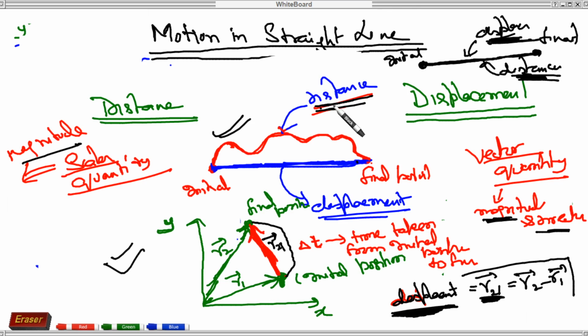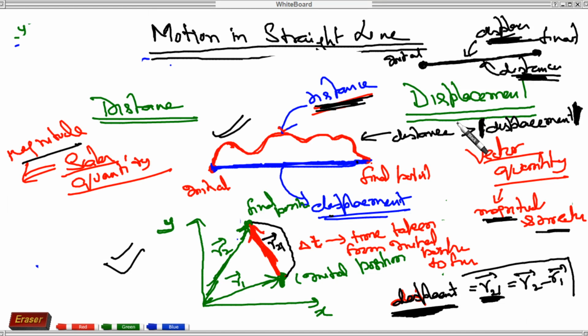Here distance will be larger than displacement. In this case distance is greater than displacement. I put the modulus sign here because displacement is a vector quantity, and with it we can show the magnitude.